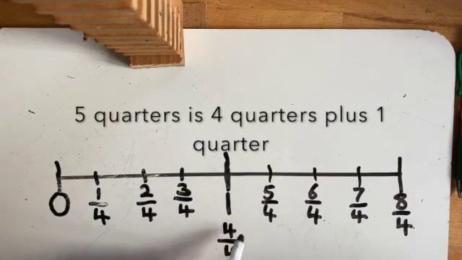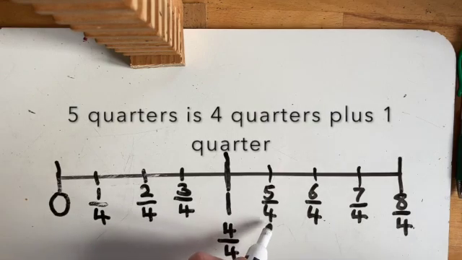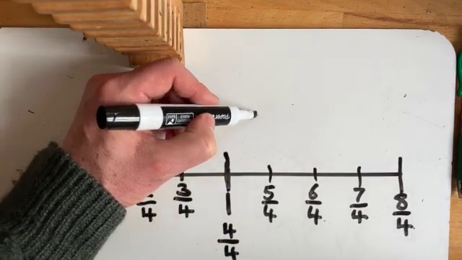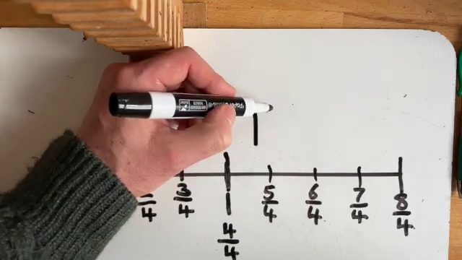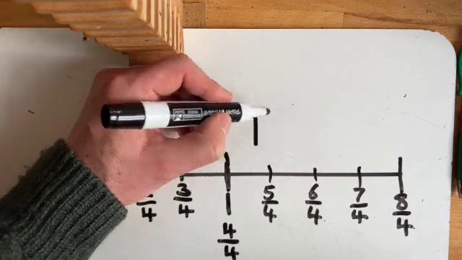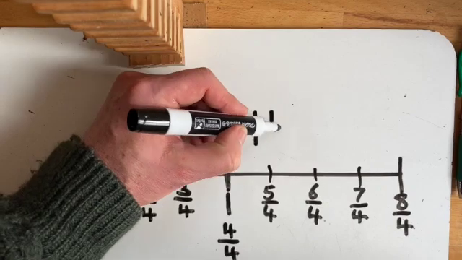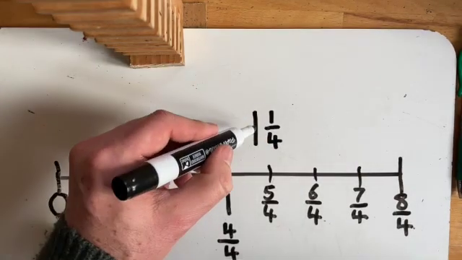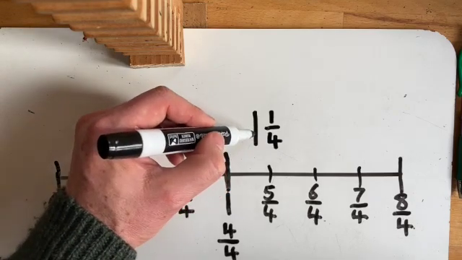So 5 quarters is the same as 4 quarters plus another quarter, which we can write as a mixed number. We call this number a mixed number because it's got a whole number, plus it's got a fraction part.